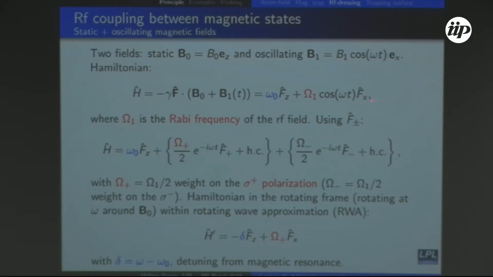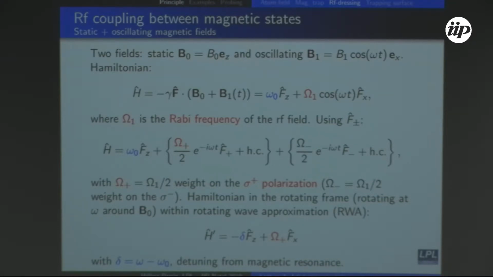And here you notice that I have taken the radio frequency not in the direction of the static field, but orthogonal to it. The fact that you have a field orthogonal to the static field allows you to have transitions between the eigenstates of Fz. So this Fx gives you off-diagonal terms in the Fz basis.